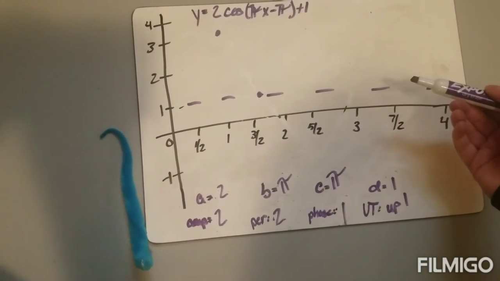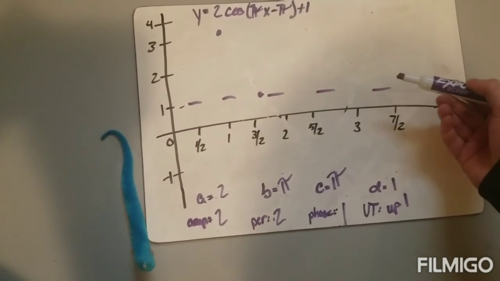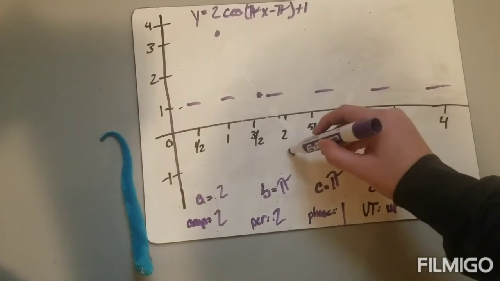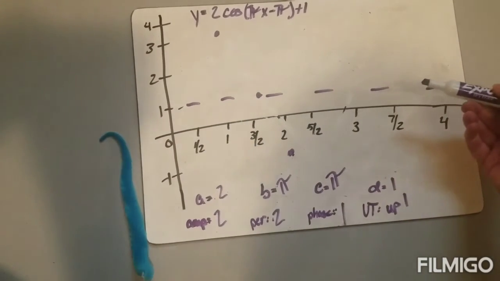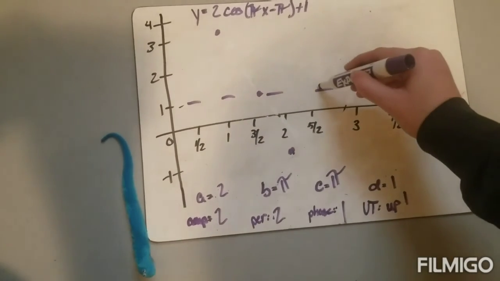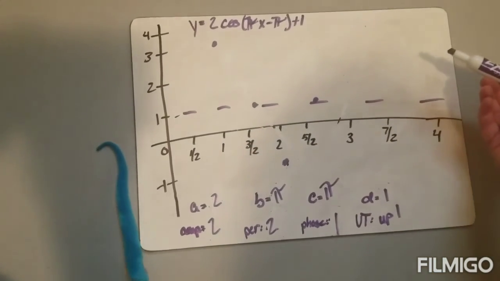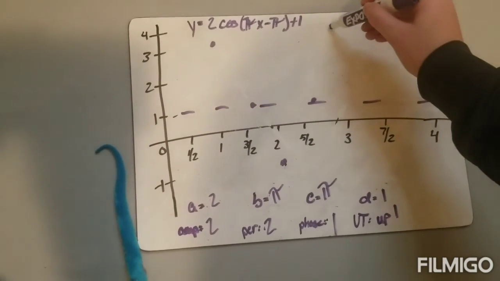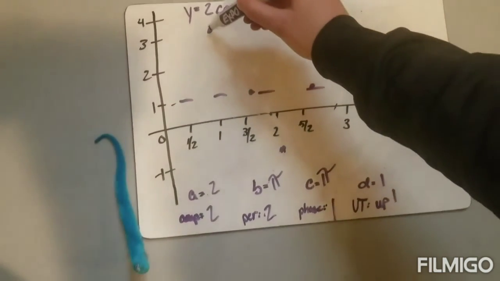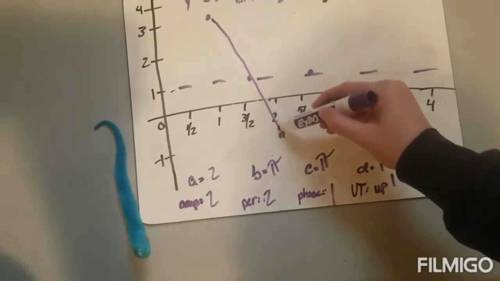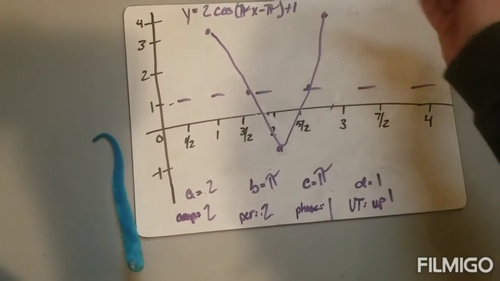Your next interval is going to be 2 down from the midline. Your next one's going to be on the midline again. And the last one is 2 up from the midline. Then you just connect all the dots, and you're done.